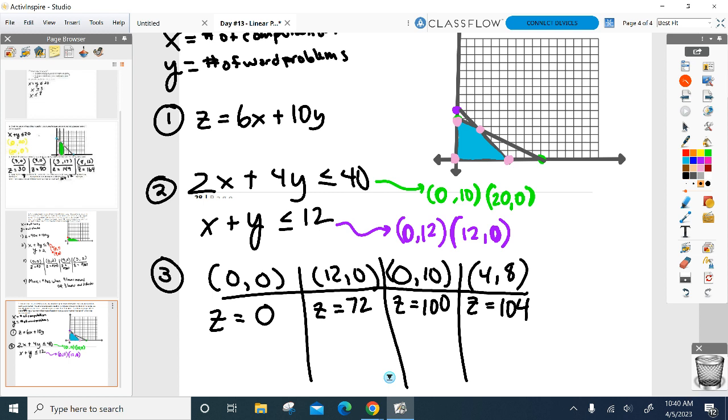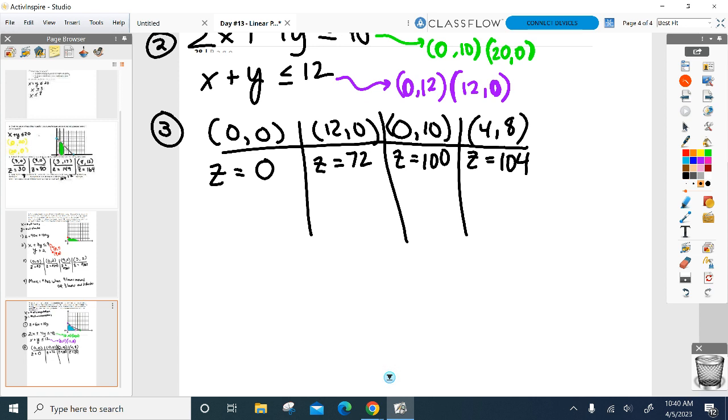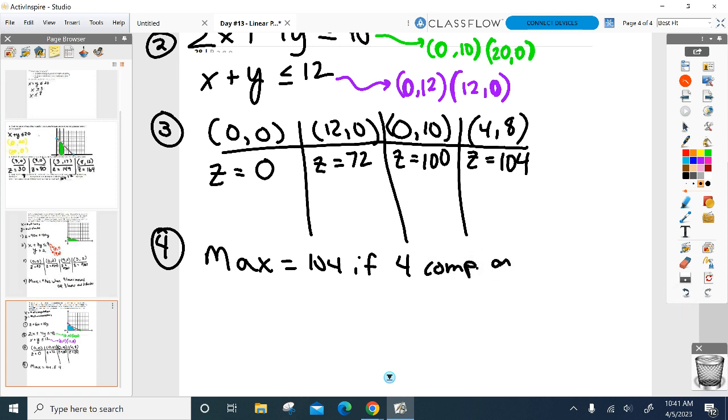So finishing, write me a little conclusion statement. You get a max score of 104 if 4 computation and 8 word problems are done.